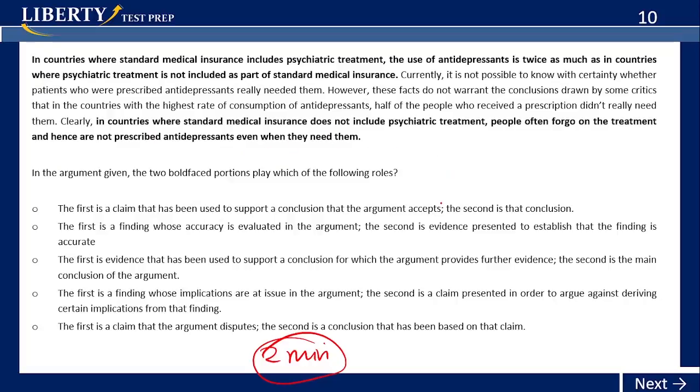Okay, so main conclusion. Main conclusion is this one here. These facts do not warrant a conclusion. So why is this author writing this? In order to say that the conclusion given by some critics is false or wrong or unsound. Okay, so these facts do not warrant the conclusion is the main conclusion.